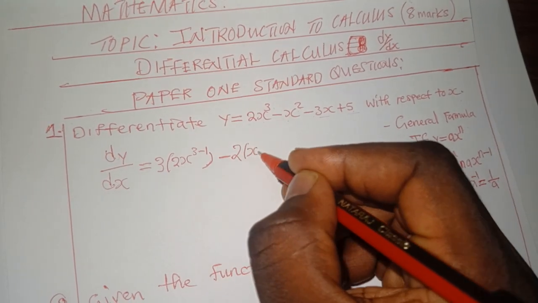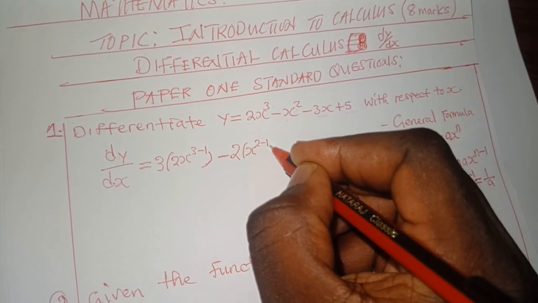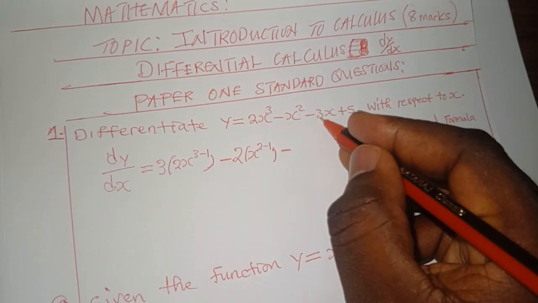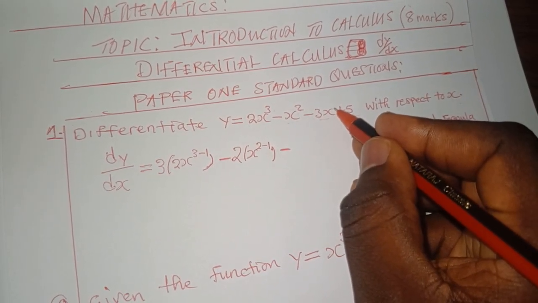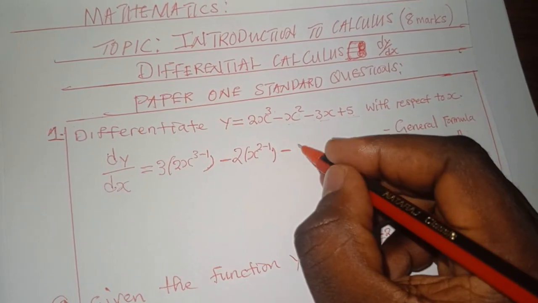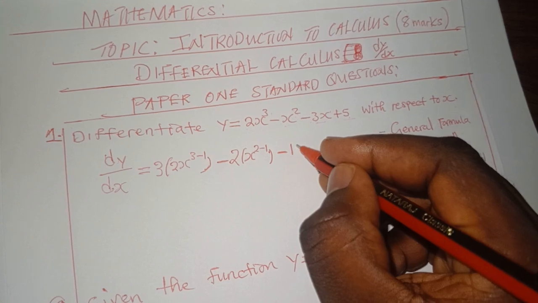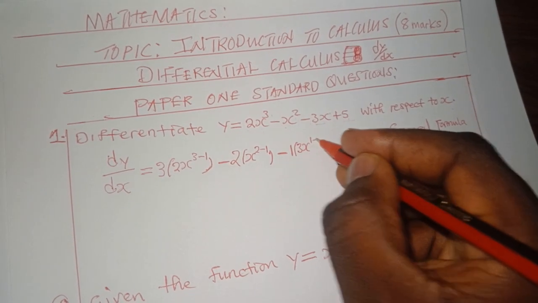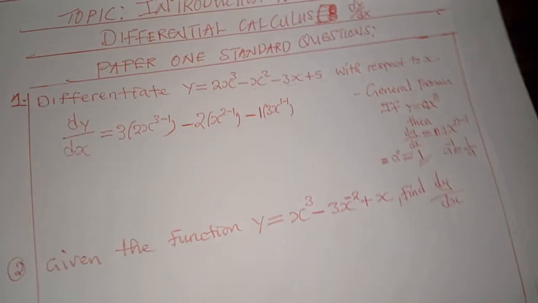In the brackets will remain x to the power 2 minus 1 as well. We come to this one. Now, when you look at this, this is 3x. The power of x in this case is 1. So the power of x, which is 1, we are going to drop it here. Then in the brackets, we'll put 3x, 1 minus 1. Then we close the brackets.